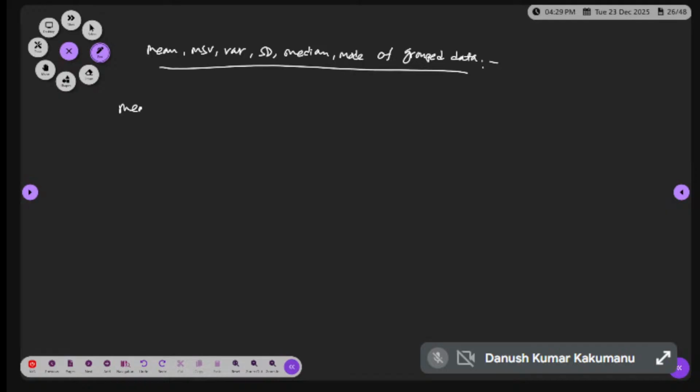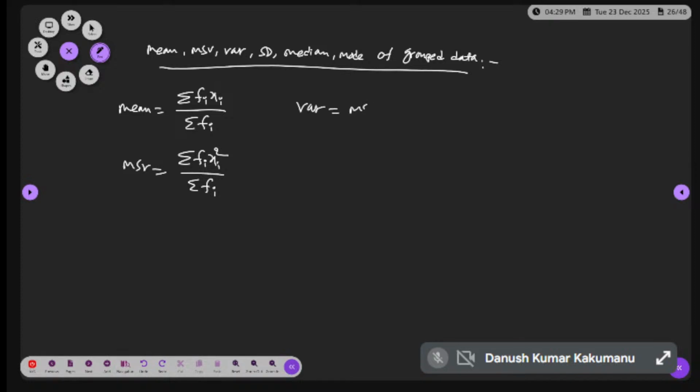Mean is equal to sigma fi xi divided by sigma fi. Then what is the mean squared value? Sigma fi xi squared divided by sigma fi. What is the variance here?